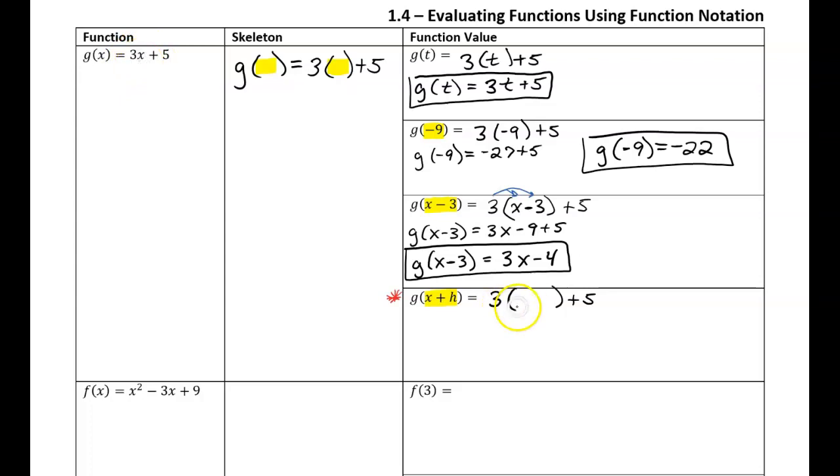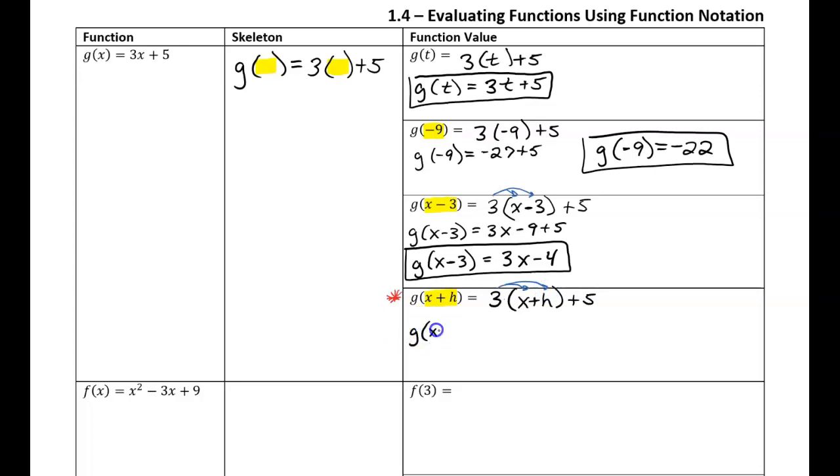So in this case, what am I going to plug into the 3 parentheses plus 5? The 3 times the parentheses plus 5. I'm going to plug in x plus h. That's all inside of parentheses. So I know that is my substitution. That's the evaluation part that I'm doing. After I have that plugged in, I'm going to simplify a little bit. Let's get rid of those parentheses.